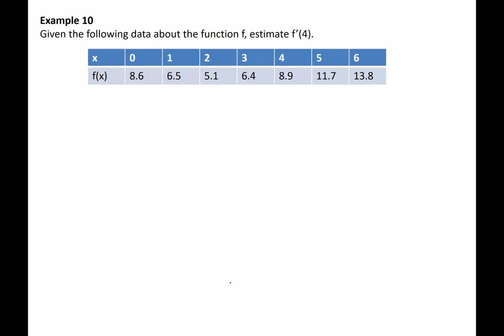Actually, this is the same question. We have to estimate f prime at 4 having these numbers. That means I will go from 4 to 5 on the right, and to the left from 3 to 4. You just get the value at 5 minus the value at 4 and divide by the difference.